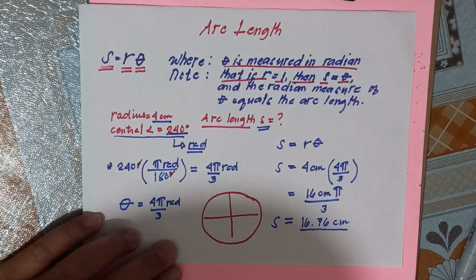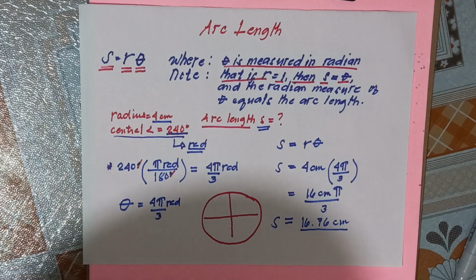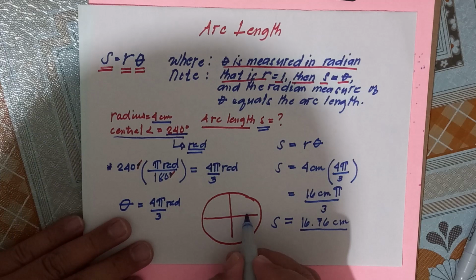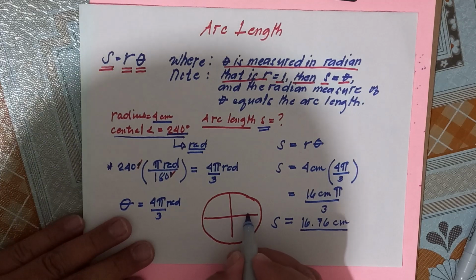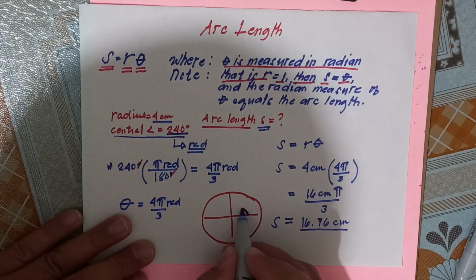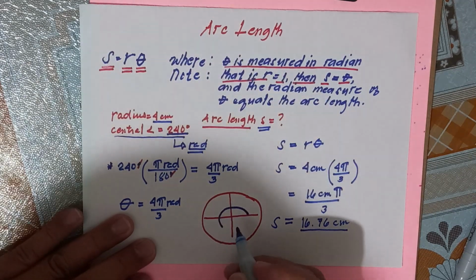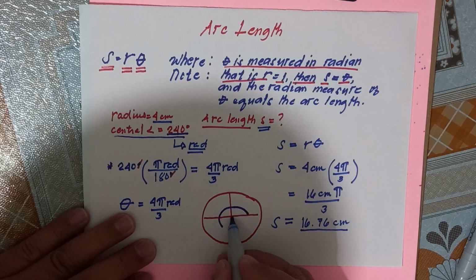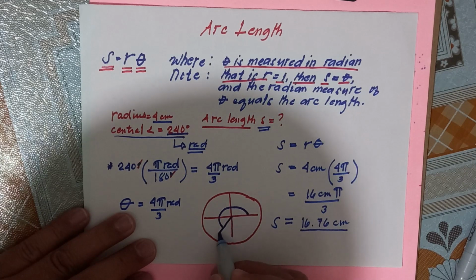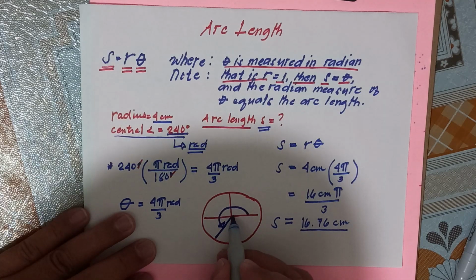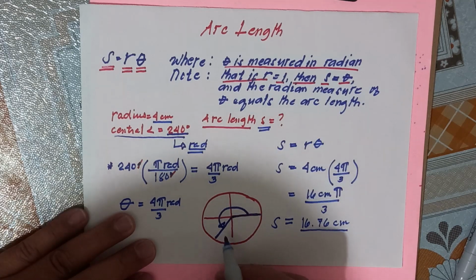Now the angle theta, which is the same as 240 degrees, goes from the initial side down in here, to the approximated terminal side. So our initial side is this one, our terminal side is this one.